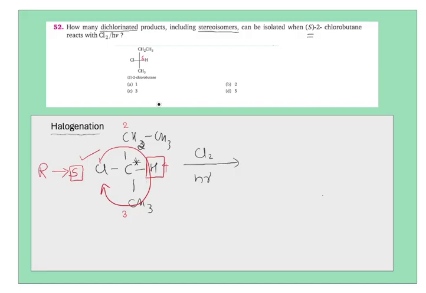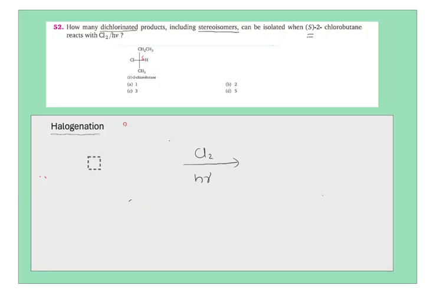Now, get back to the halogenation. Whenever you do halogenation, you are supposed to replace hydrogen by chlorine. Since our reactant already has one chlorine, we are going to get dichloro products. Let me rewrite the molecule like this so that it will be easy to predict the structure of the products.